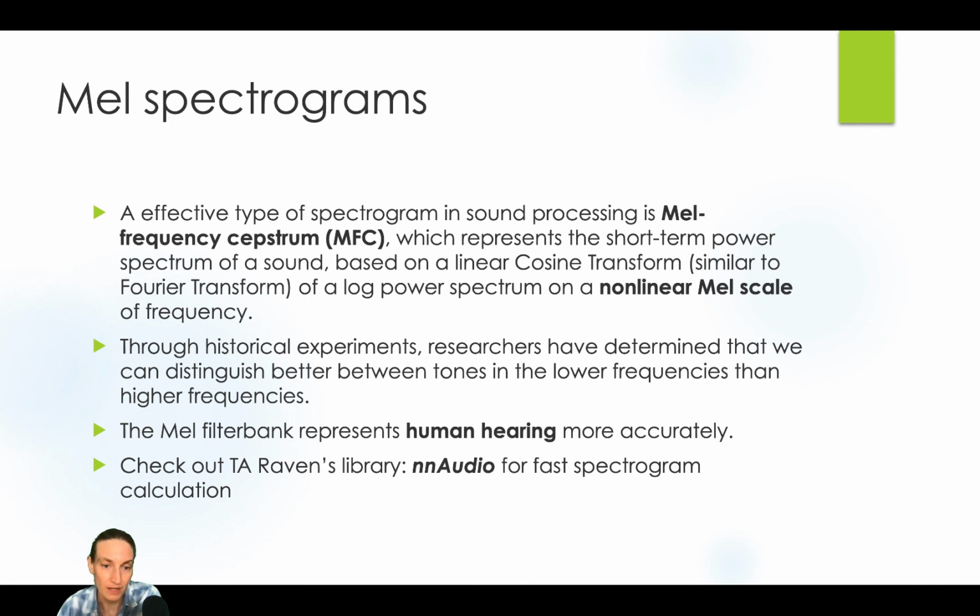If you're interested to do some work on using spectrograms as input for your project, for instance, you should check out nnAudio, which is my PhD student's PyTorch library, and it directly takes in the audio files and creates the spectrograms using GPU calculation as a first layer in PyTorch.